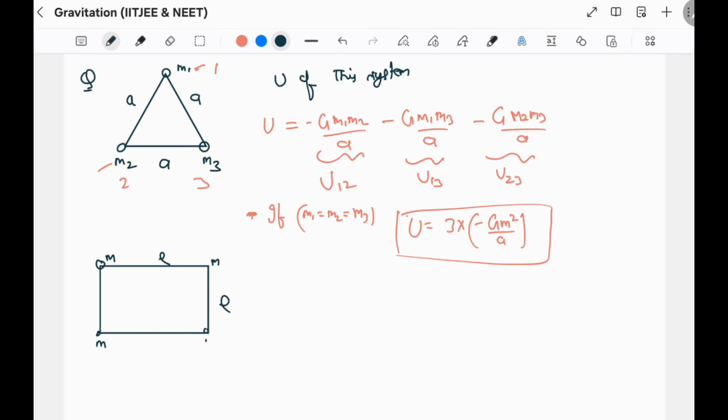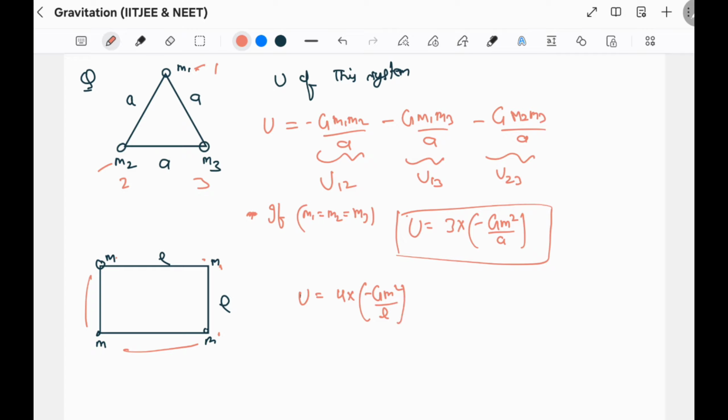Similarly you can find how many pairs will form between these: 1st pair, 2nd pair, 3rd pair, 4th pair. So here you have to consider all the interactions. So U will be 4 times the pair between adjacent masses, 1, 2, 3 and 4, so 4 times minus G m square by l.